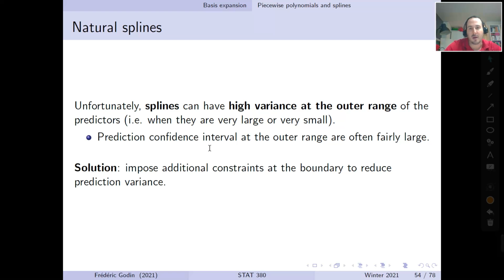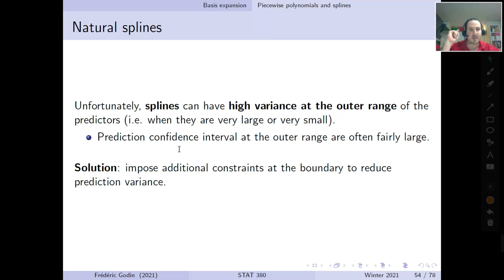Okay, so if you calculate the confidence or prediction intervals at the outer range, so for the last subintervals, they tend to be very large because of that. For values of x within the last subintervals, predictions tend to vary a bit wildly.